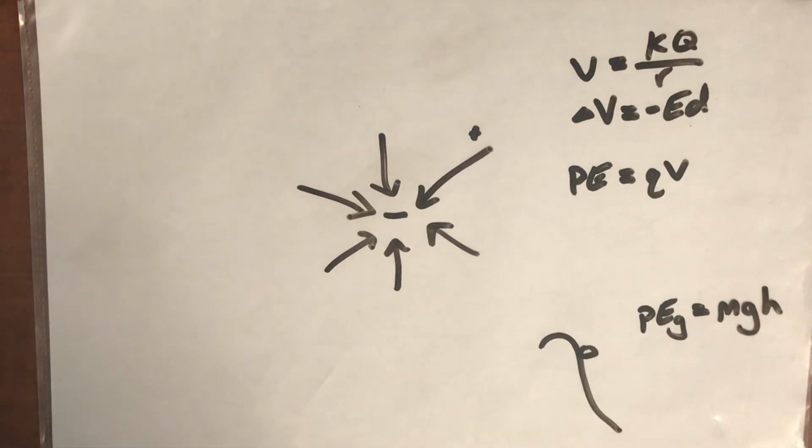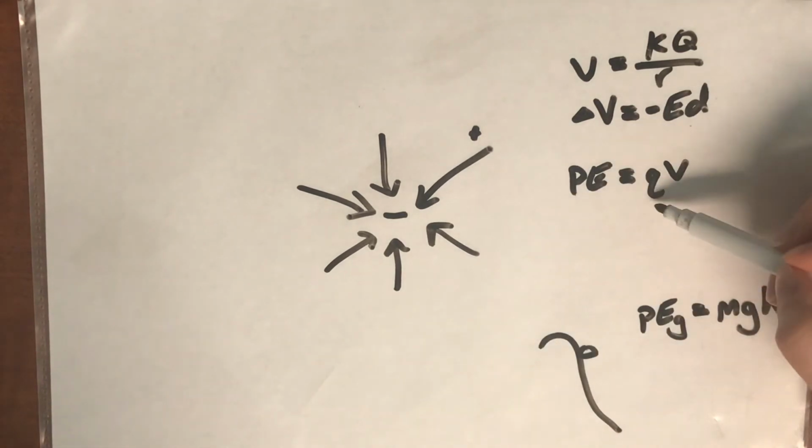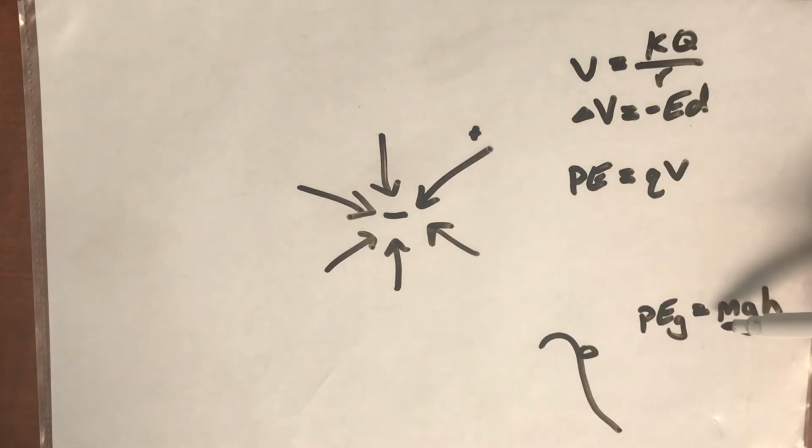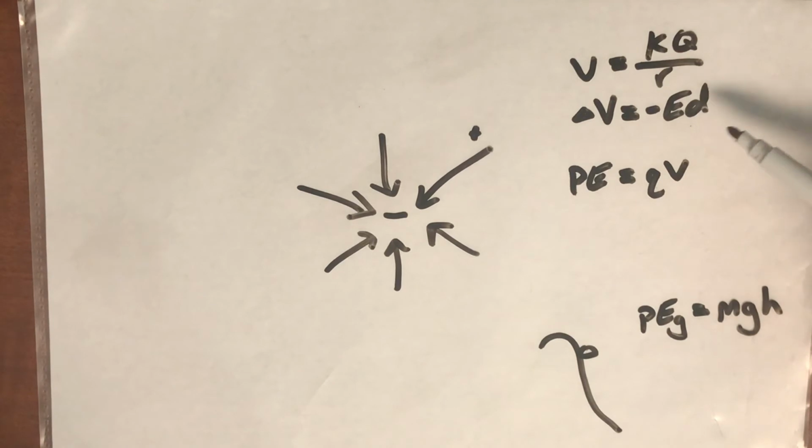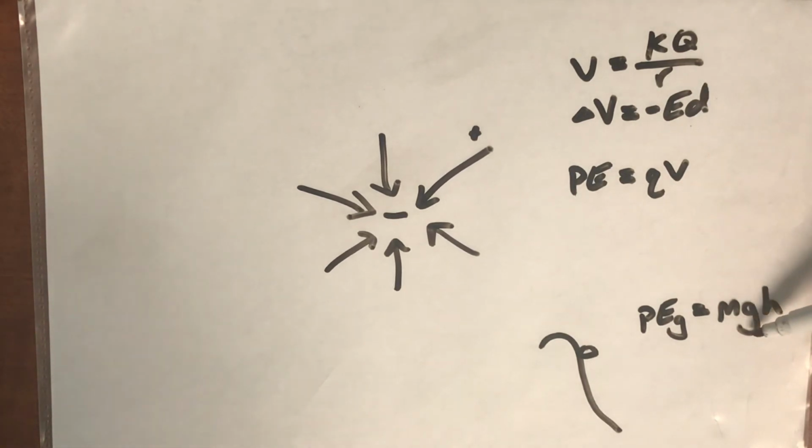The electric potential energy is a lot like that. It takes into account the test charge magnitude, like the mass of the ball, and the voltage, which we earlier learned was negative Ed, and that can be compared to this gh. But rather than gravity, it's the effect of the electric field.